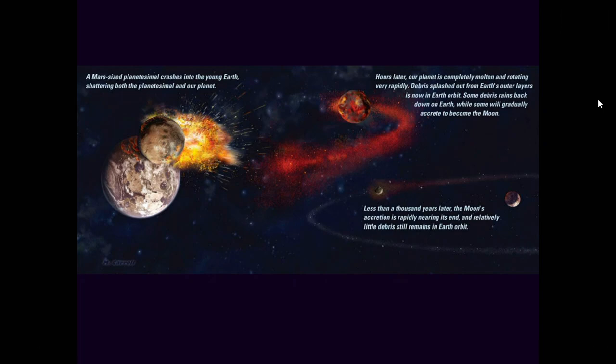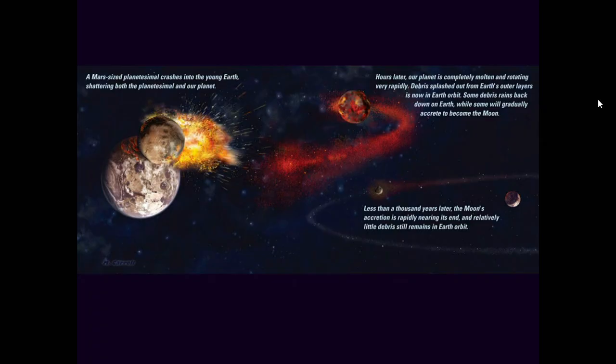We think that a planetesimal about the size of Mars actually impacted the Earth. That's going to liquefy basically most of the planet, so it'll be a molten ball. But the energy of that impact is going to spew material out of the center of the planet, and that material is going to start orbiting the Earth.